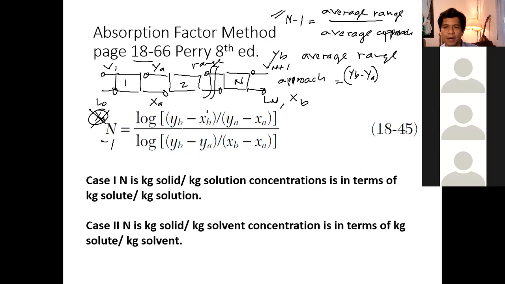Sa baba naman, minus XB minus X sub A. Parang delta T ln TD kung tandaan niyo pa. So sa ilalim we have ln of YB minus Y sub A divided by XB minus X sub A. Tama? Parang logarithmic average siya. Di ba ganito rin yung sa delta T ln TD? So ganyan yung average range.